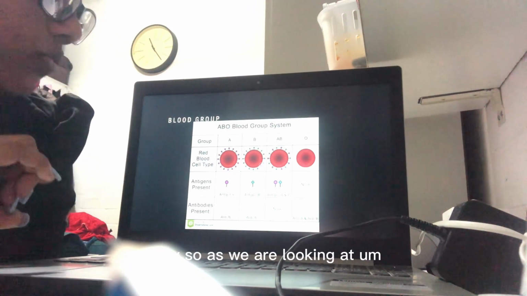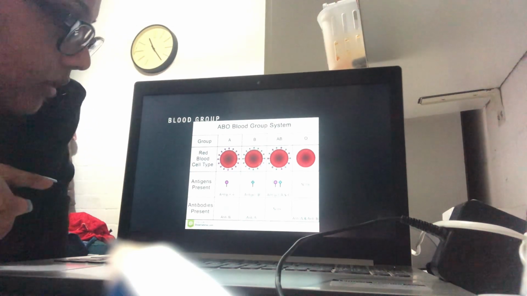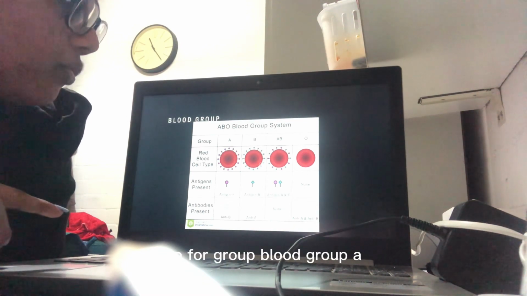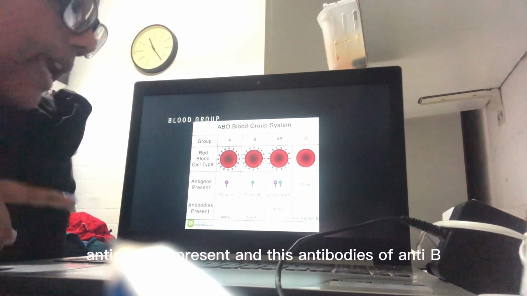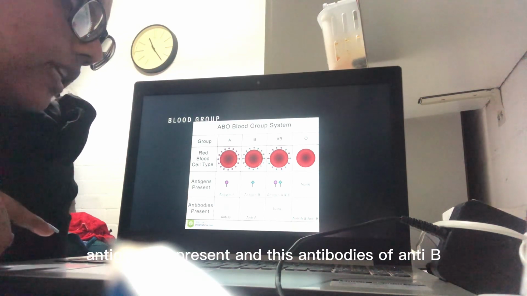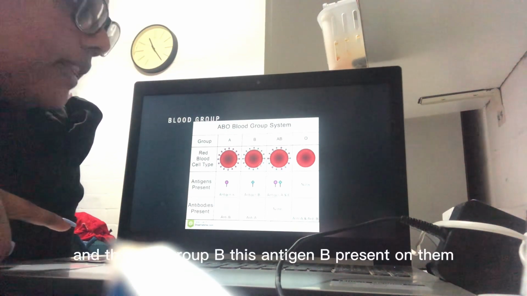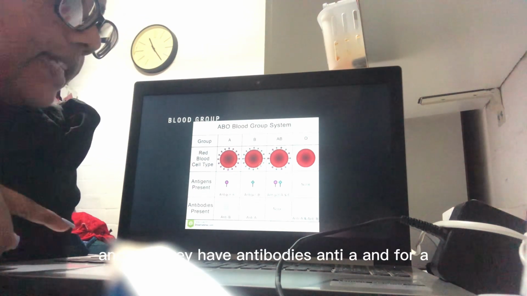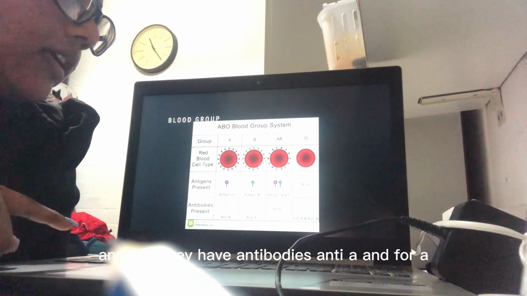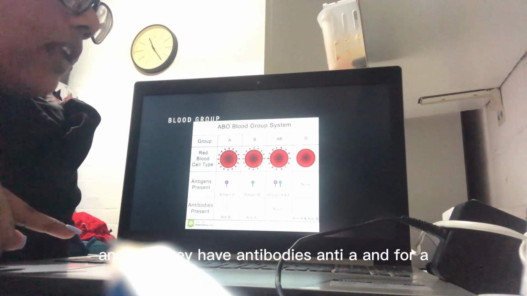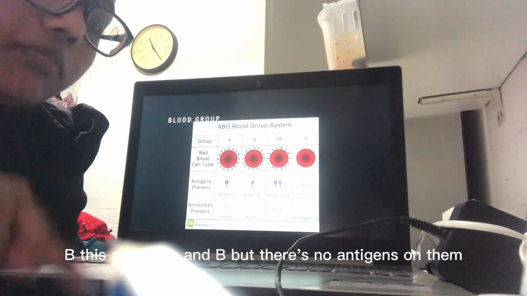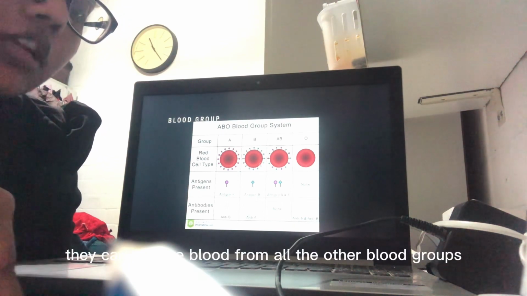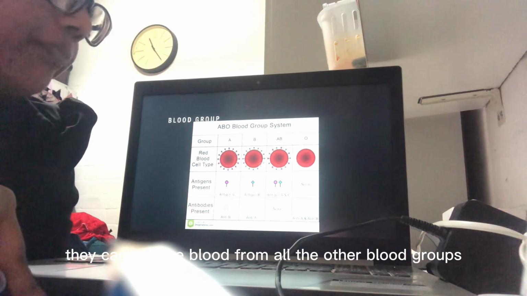Looking at the antigens, for blood group A, antigen A is present and there are anti-B antibodies. For group B, antigen B is present, and they have anti-A antibodies. For AB, there are antigens A and B, but no antibodies, hence they can receive blood from all the other blood groups.